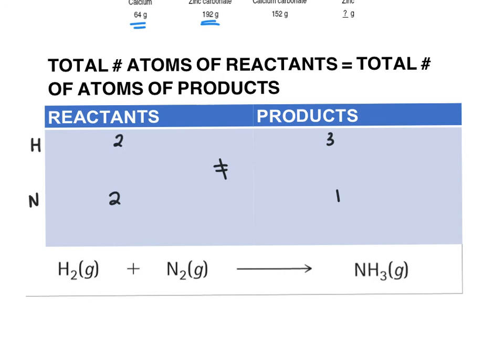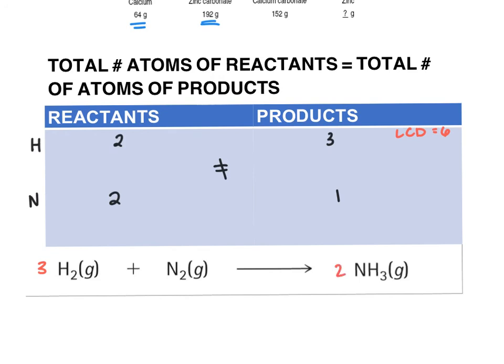So what I'm going to do is I see I have 2 hydrogens on my left side, I have 3 on my right. I'm going to find the lowest common denominator between 2 and 3. This is equal to 6. So now I'm working backwards and I'm going to say 2 times what equals 6? Well, 2 times 3. And 3 times what will equal 6 is 2.